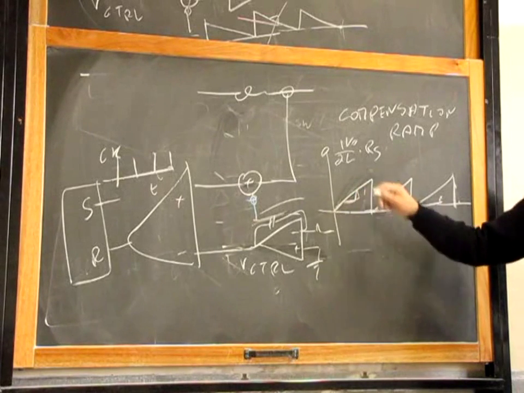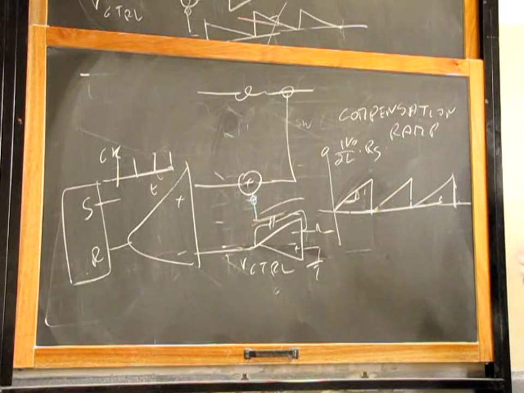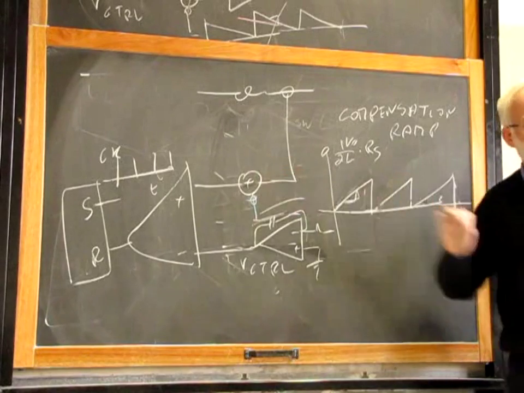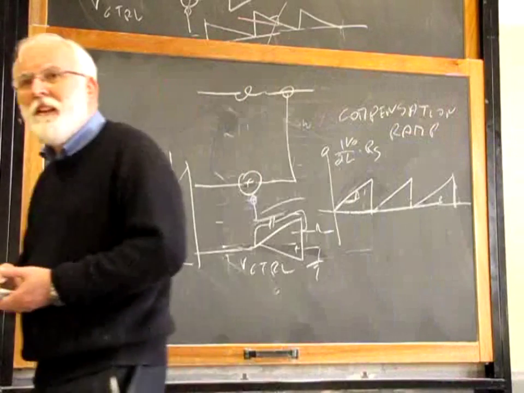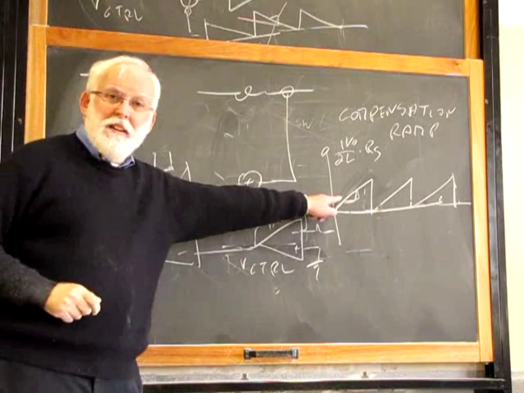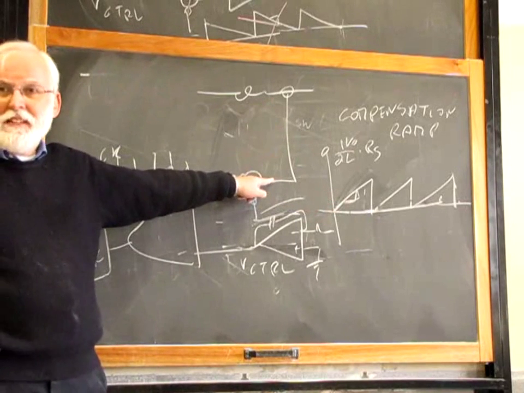This slope must be given in volts per microsecond. That's it. I don't ask you to design this circuit because it has some extra details that I don't have time to explain. The extra details are basically the fact that you are adding a voltage to the voltage coming out from the current sensor.